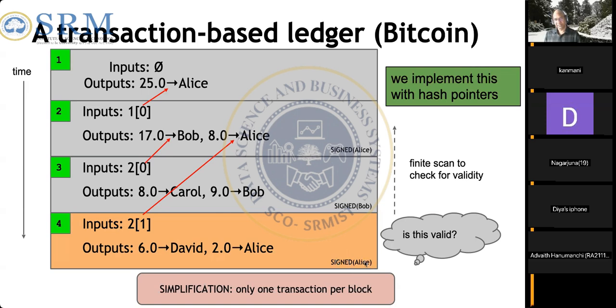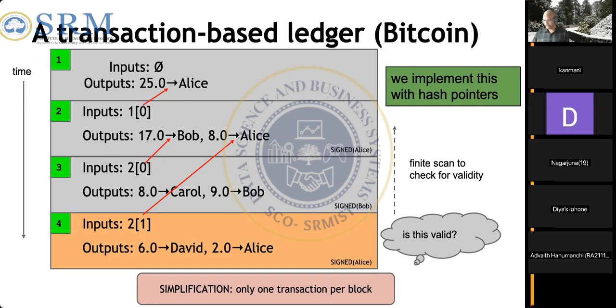Then we expect LS's signature with her private key. And how do we verify it? You can just use her public key to decrypt, and then you will get the value. So that's the signature verification. So basically, at any point of time, you just go one step backwards, and then the validation is completely done.